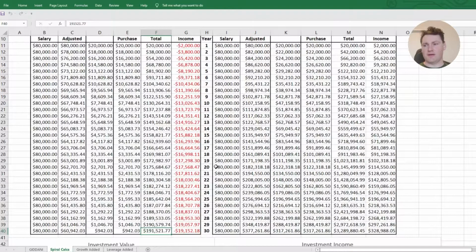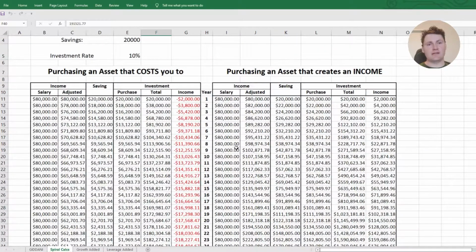So if we take a look at the other side, exactly the same principles. Start with an $80,000 salary. You're able to save your $20,000. Therefore, you can purchase a $20,000 asset. So your total is $20,000. And the income from this asset is added to your effective salary.